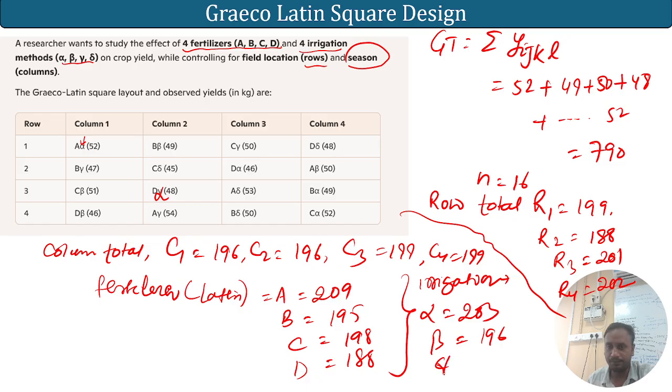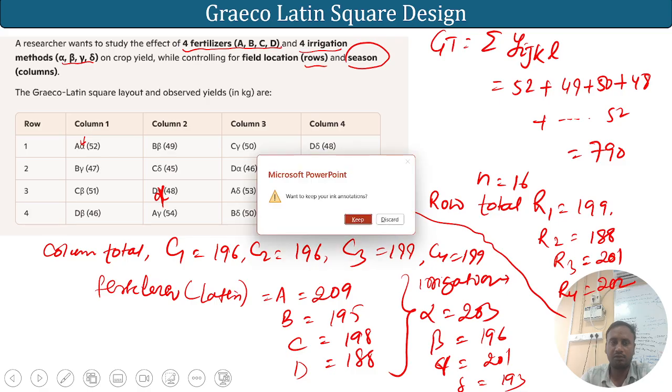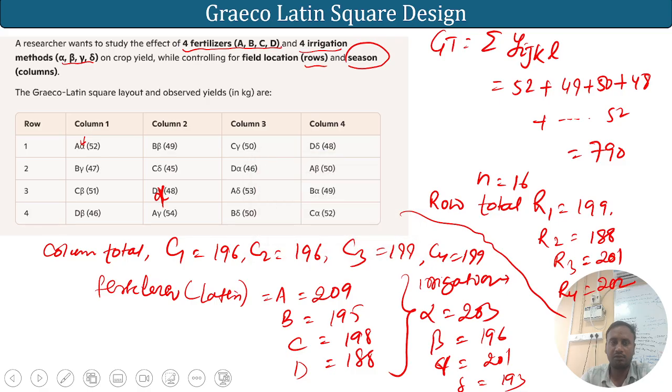Gamma: 47, 54, 50 and so on, gamma will come 201, delta will come 193. We'll take 2 pages actually, 2 pages will be enough.